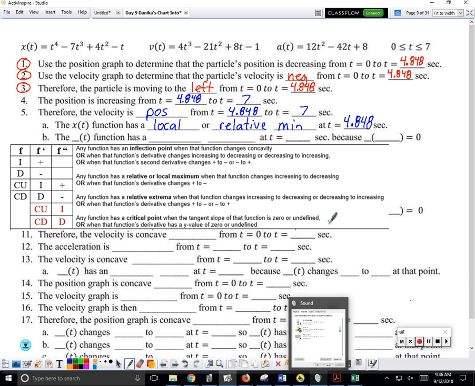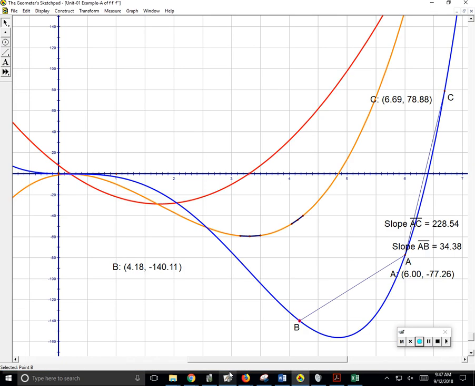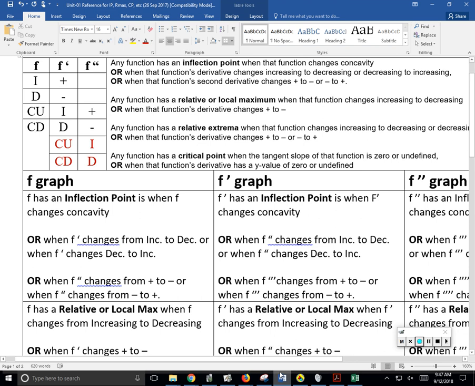Questions? That's what a local or relative min is. What is a global minimum? Outstanding, 2 points. So on the reference sheet, right here, Mikkel, this is the strict definition for relative or local.